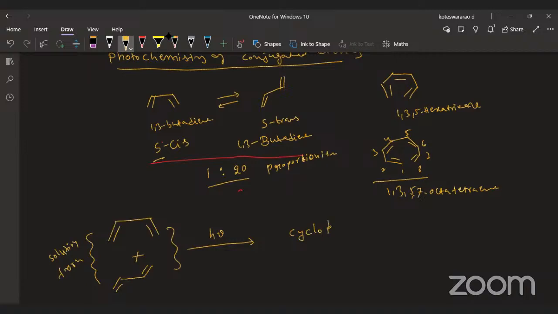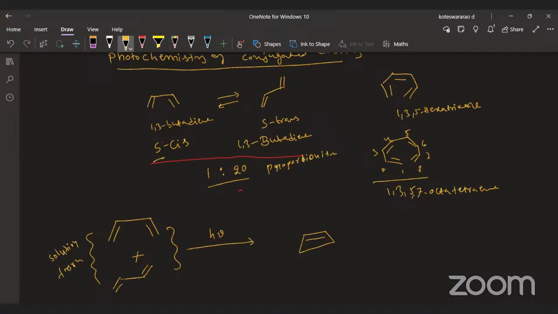Cyclobutene. You know that cyclobutene is like this. First I read the structure, later I write it. Cyclobutene is formed simply by electrocyclization.